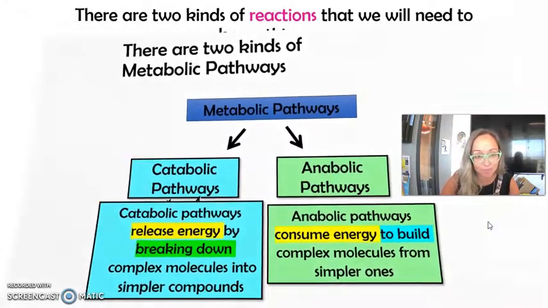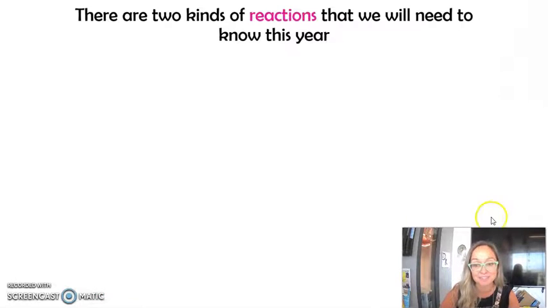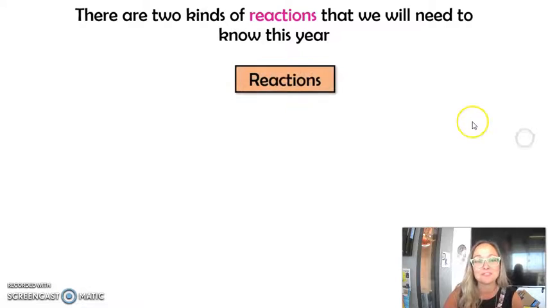Now, in these pathways, there are two kinds of reactions. So earlier, the catabolic and anabolic pathways were made of multiple reactions in a series of events. However, each of those reactions can be one of two types. We have two kinds of reactions.